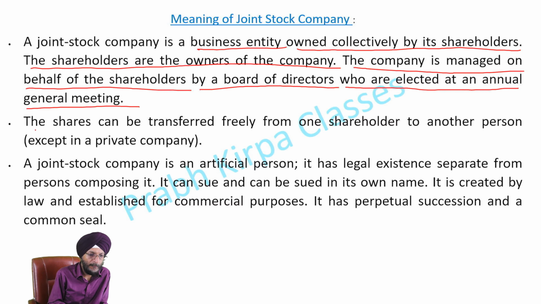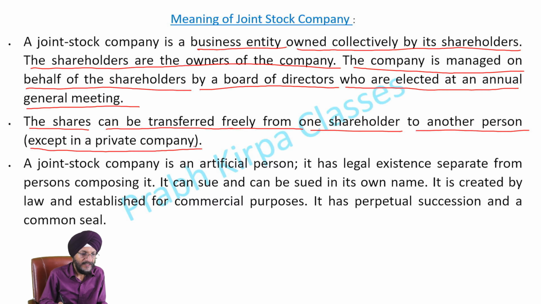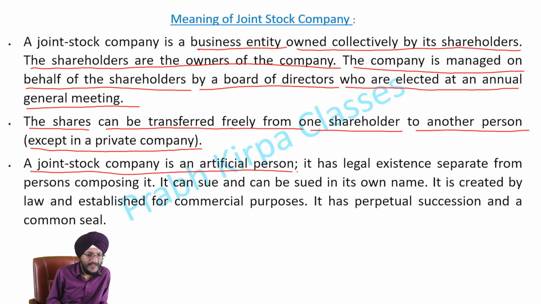The shares of a joint stock company can be transferred freely from one shareholder to another person except in a private company. That is, in the case of a private company, the shares cannot be easily transferred. A joint stock company is an artificial person.